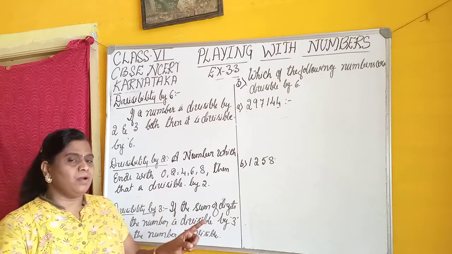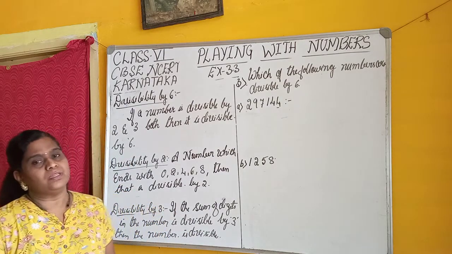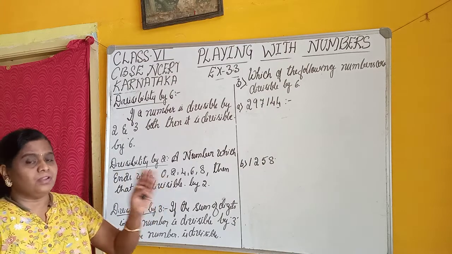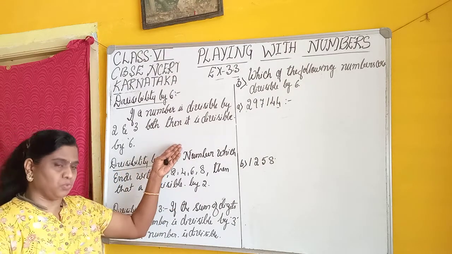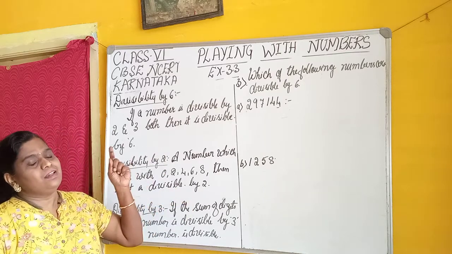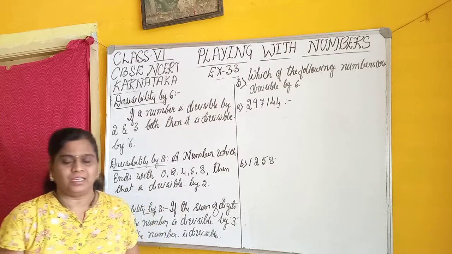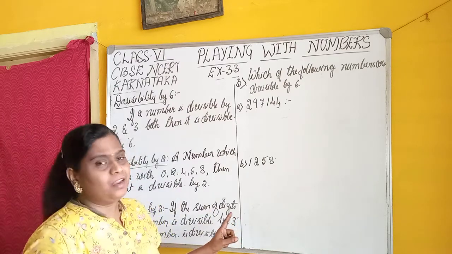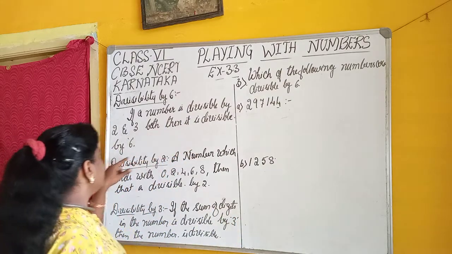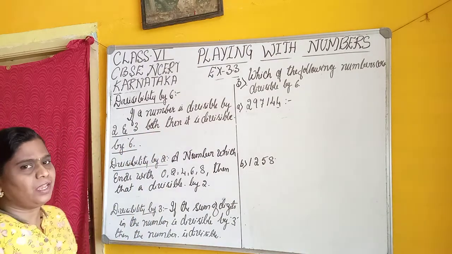If the sum of the digits in the number is divisible by 3, then that number is divisible by 3. If it is divisible by both 2 and 3, then that number is divisible by 6. Okay students, now you got the point of what I am telling?